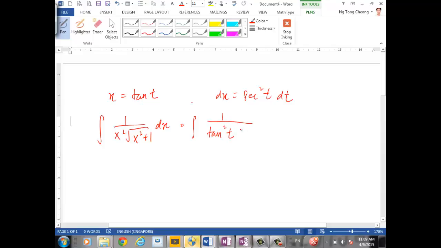Alright. Square root, substitute in. Okay, then your dx has to be rewritten in the form of dt, right? So you rewrite accordingly.